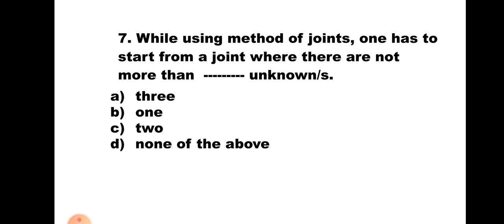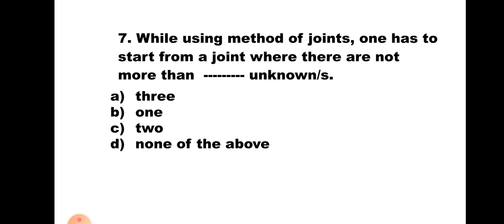Question number 7. While using the method of joints, one has to start from a joint where there are not more than dash dash dash unknowns. A. 3, B. 1, C. 2, D. none of the above. In the last two or three questions I have explained that in the method of joints you have to consider the joints one by one.